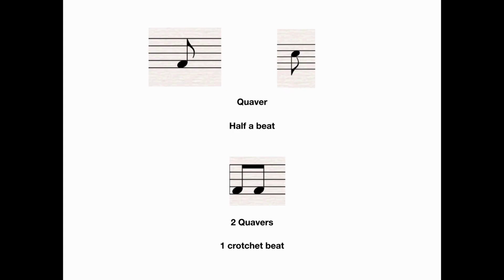This is what a quaver looks like. A quaver is worth half a beat. So on the left here, this is when the stem is going upwards. As you can see, there's a little additional part on the tail here. That's how you can identify a quaver. And when it is going downward direction, it can just look a little different.